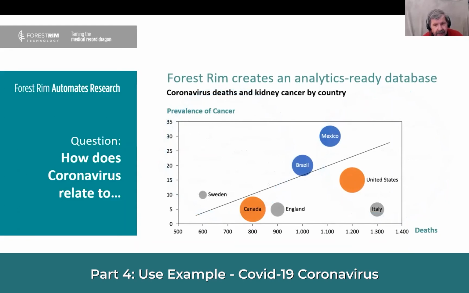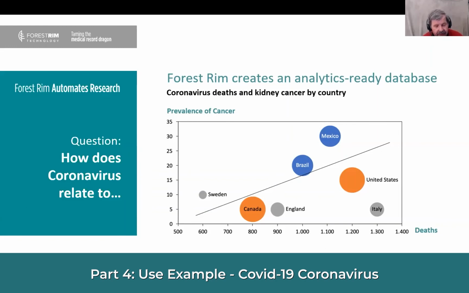And for example, if we looked at coronavirus mortality and kidney cancer by country, we could make an analysis like this, showing that Mexico had a higher mortality rate, United States had a moderate mortality rate, and Canada and England had lower mortality rates.